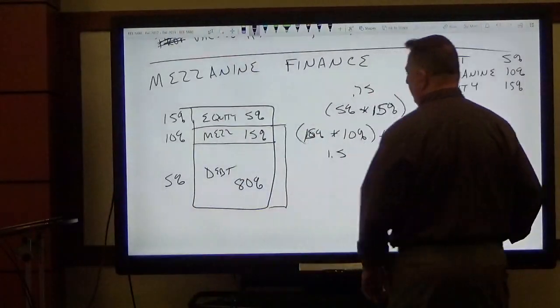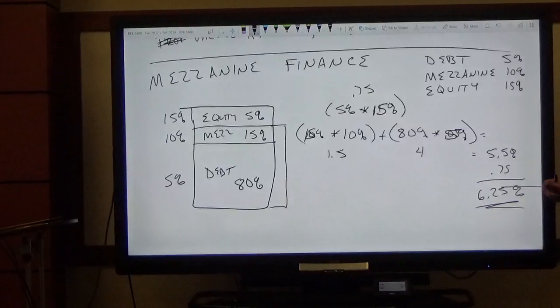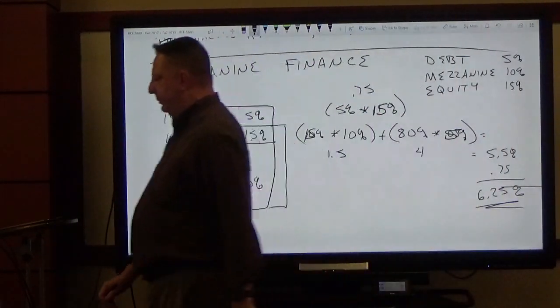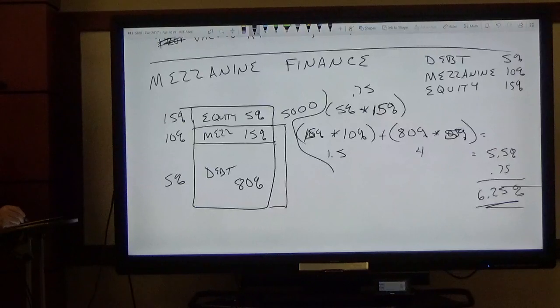But in terms of just the mezz and just the debt, to be more accurate, let's assign dollars to it. This will make it easier. If we say that basically this is 5,000, this would be 15,000, and this would be 80,000.